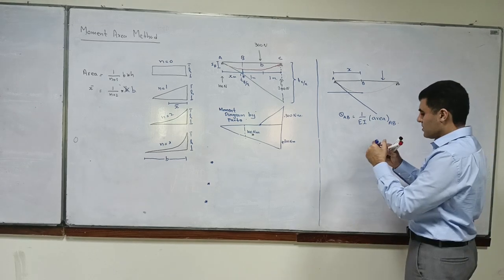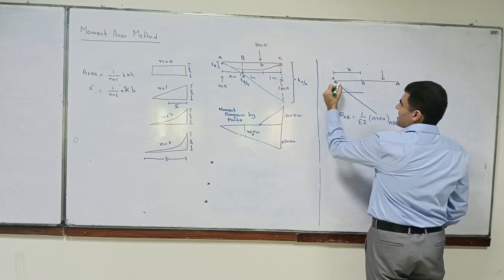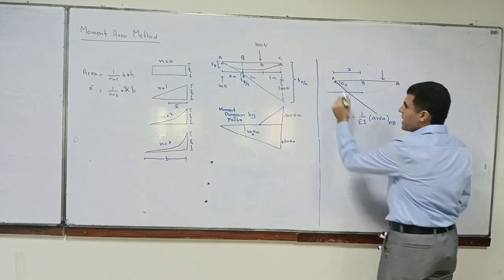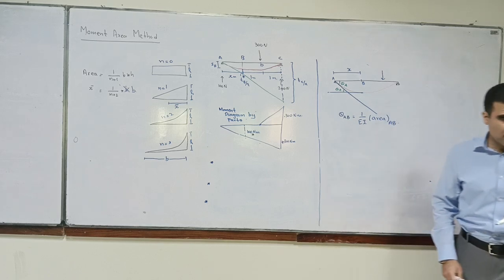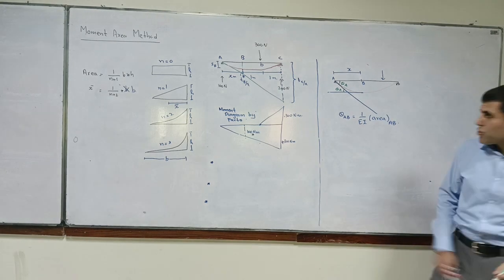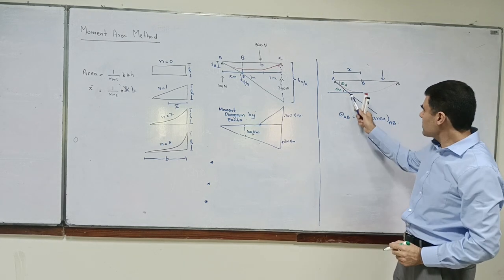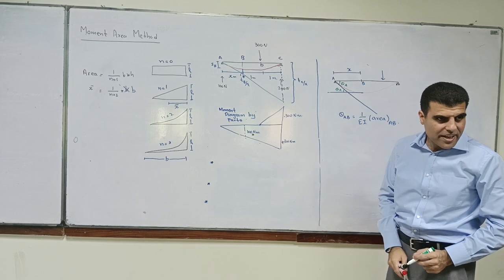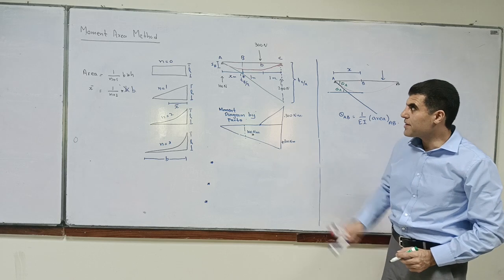Now, would you agree with me that this angle would be equal to this angle? Do you agree with me? So if these two angles are equal, can we find out theta A? What is theta A? How can we find out theta A?